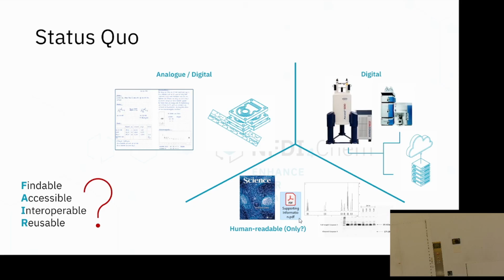Also, our devices have changed. We record data digitally, also by hand, and we publish data digitally and also on paper. Sometimes we have links to the data, files to be downloaded. The worst of all is supplementary information, where you have a lot of data in not even human readable format sometimes.